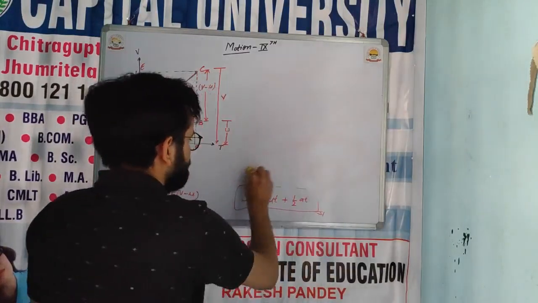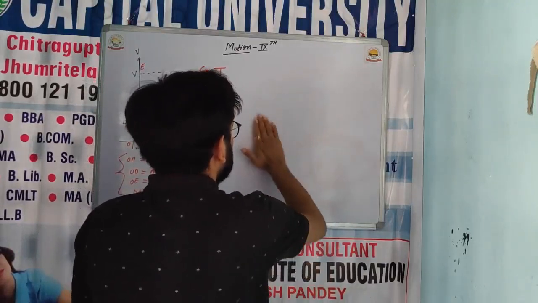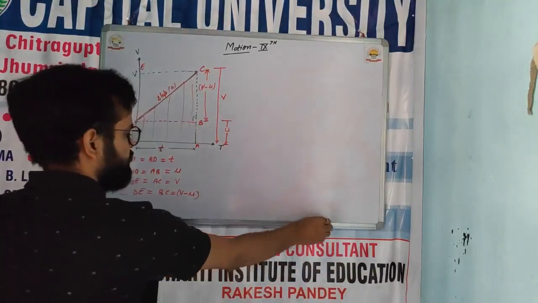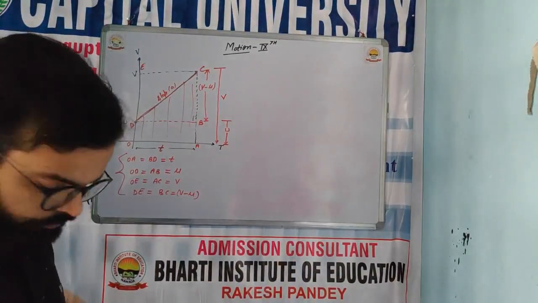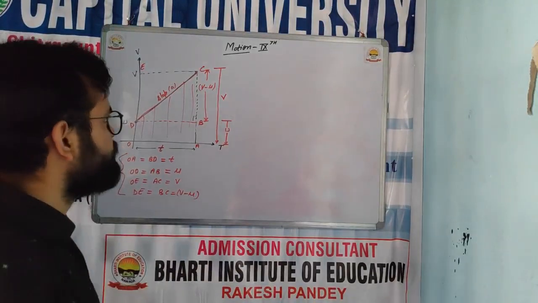Now the third equation of motion. Again, the third equation of motion represents the relationship between velocity and distance.